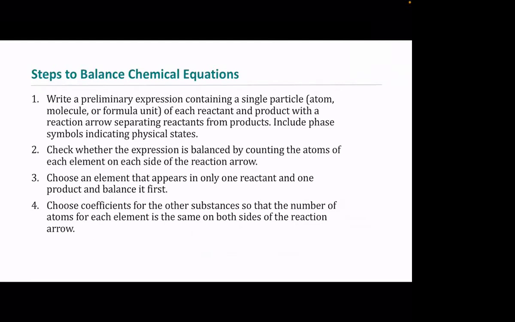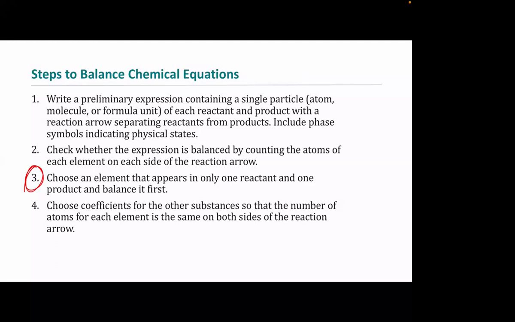All right. Steps to balance chemical equations. I don't really follow any steps. The only one that I tend to pay attention to is this. But of course, you've got to have a reaction written out, and the products need to be appropriate to whatever the reaction is.